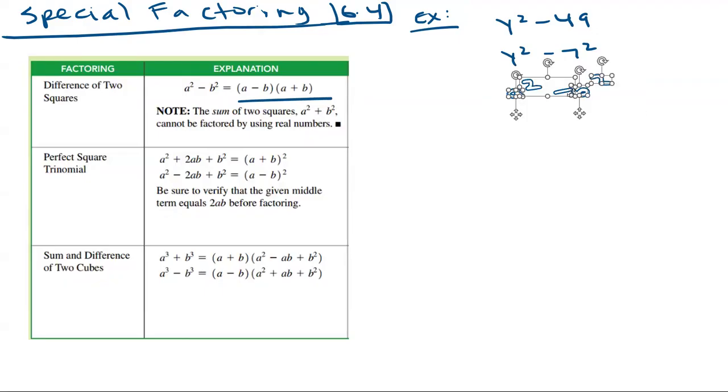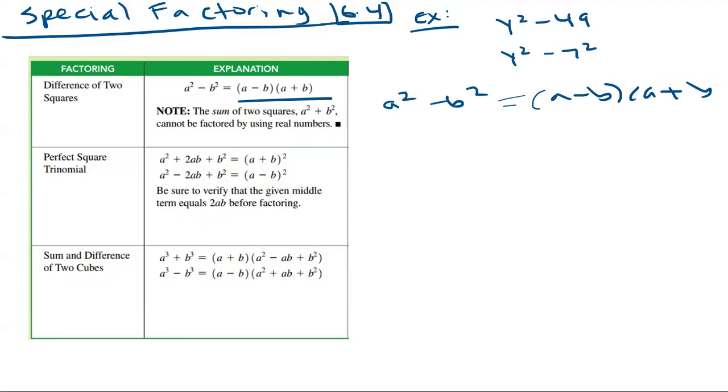Try that again. Okay. And apply the formula, we get a minus b times a plus b. So again, a in this case is going to be y and b is 7. So y minus 7 and then y plus 7.